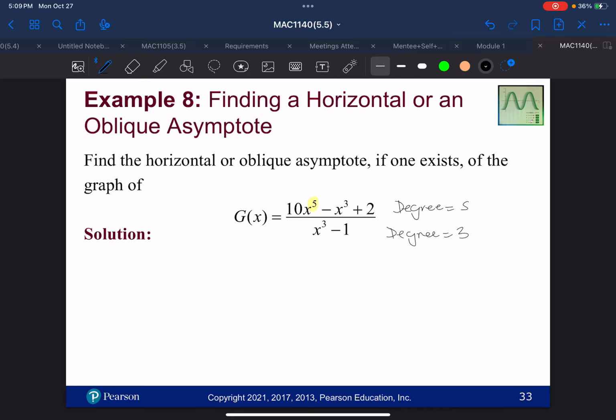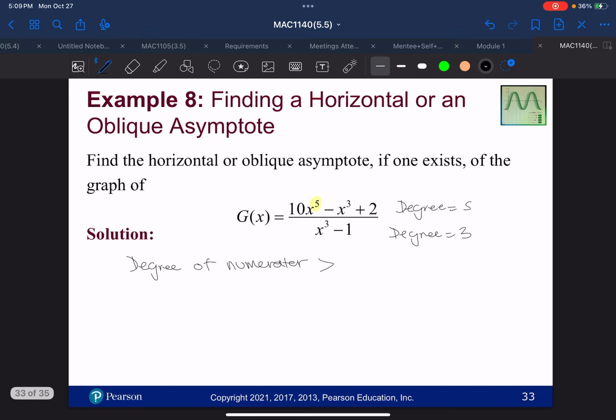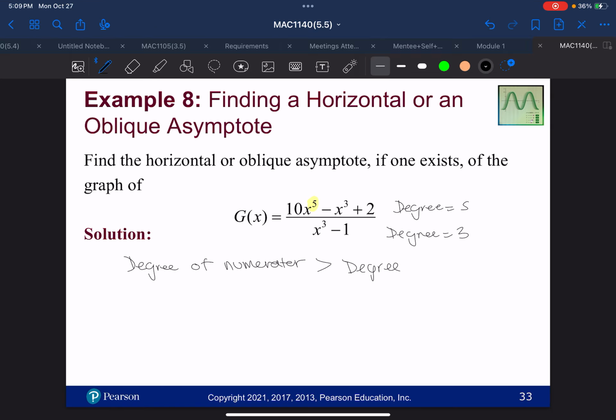And I guess I can say degree of numerator is greater than the degree of denominator by 1.